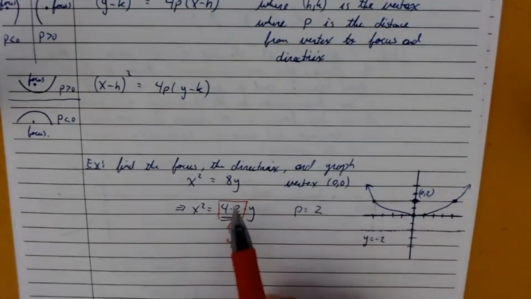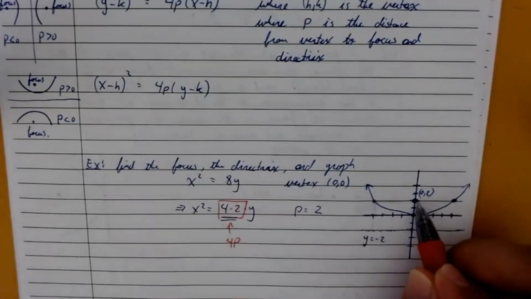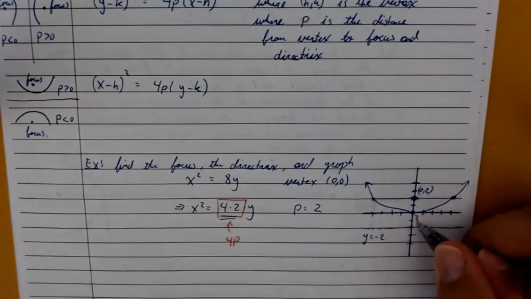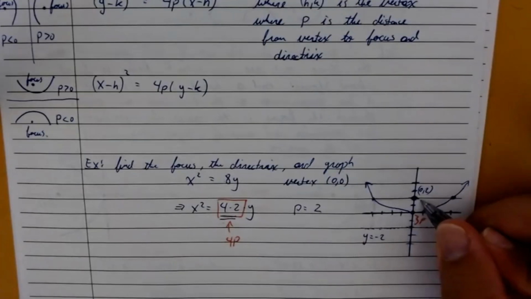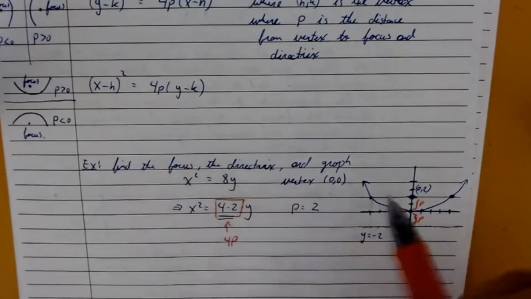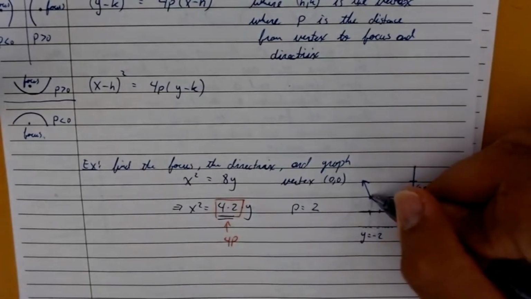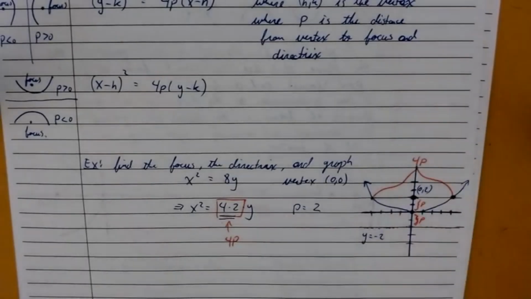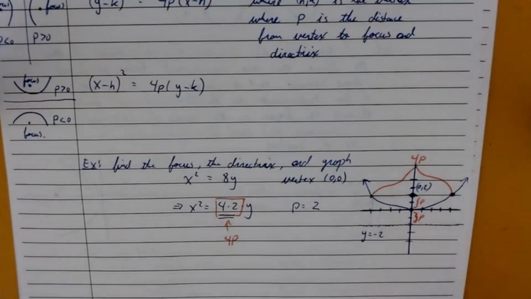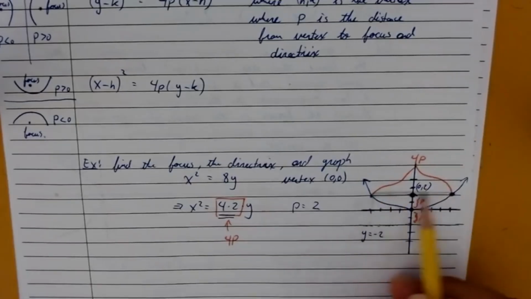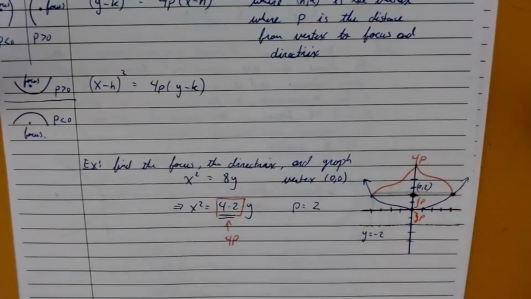So this 4p is not just giving you the location of your focus and your directrix, that's your p there, and that's your p there. But also the 4p is giving you the distance from here all the way across to here. This imaginary line, a segment that passes through the focus that tells you how wide your parabola is, is called the latus rectum.